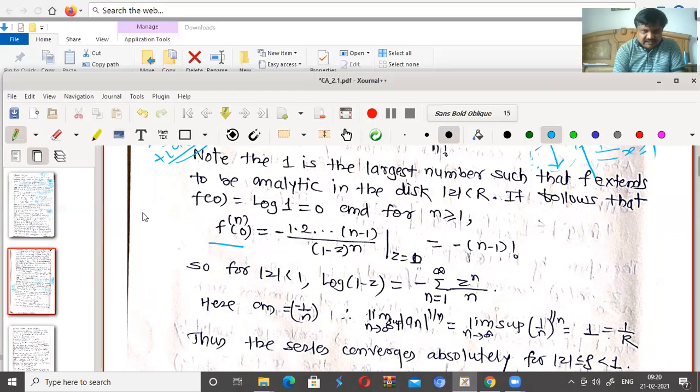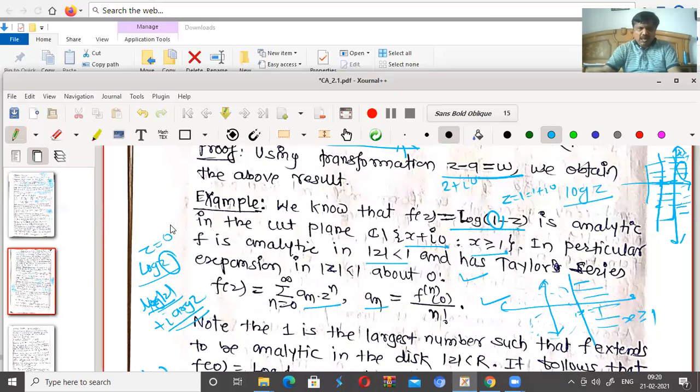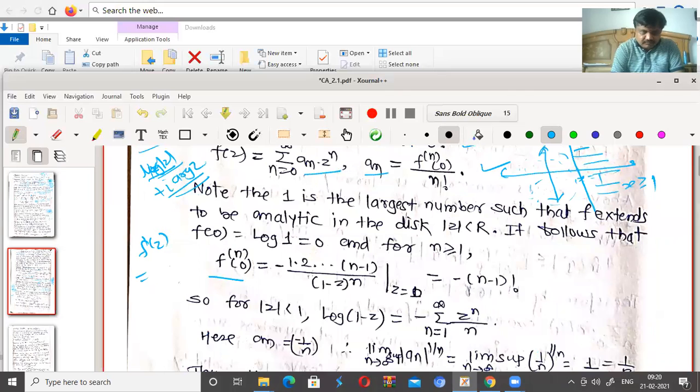And for n greater than or equal to 1, f^(n) at 0 equals... Now, what is f dash at z? It is the derivative of log of 1 minus z, which is 1 upon 1 minus z into the derivative of 1 minus z, which is minus 1. This is f dash at z. What about f double dash at z?